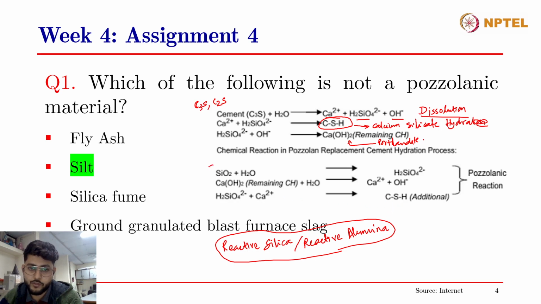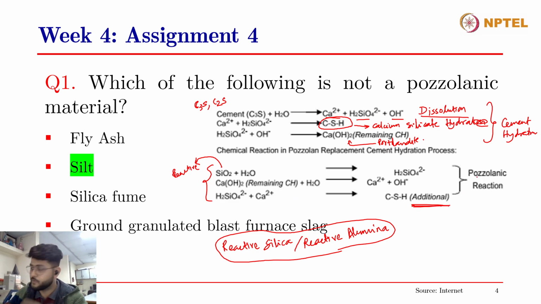So this is the pozzolanic reaction, in which the reactive silica dissolves in water and reacts with the calcium hydroxide coming from the cement hydration, to produce the additional CSH.